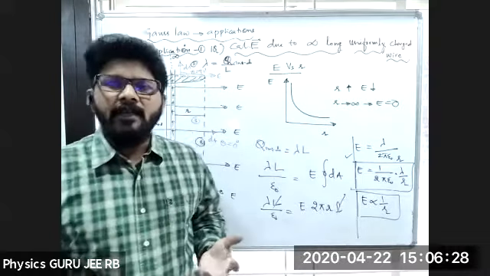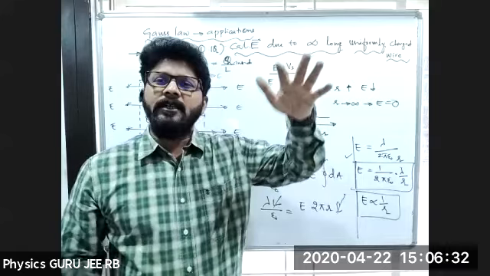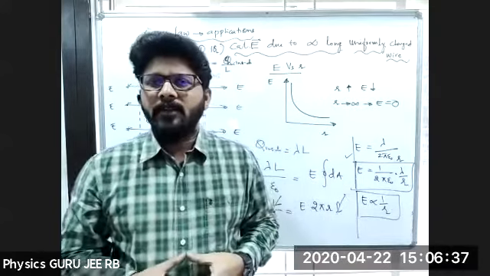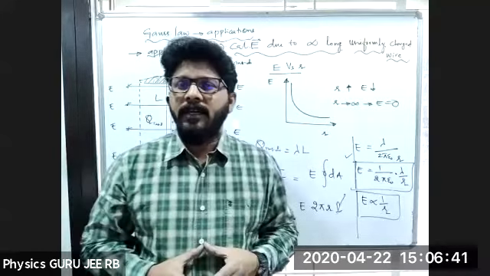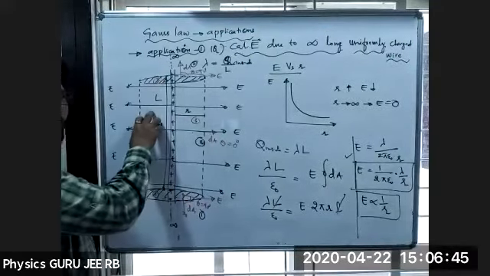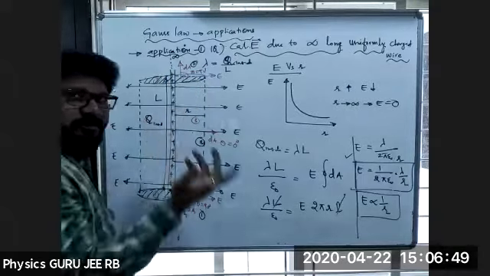A finite wire will have length L only. We can extend it. Why are we considering everything infinite? Because the charge which is fixed is the Q inside.